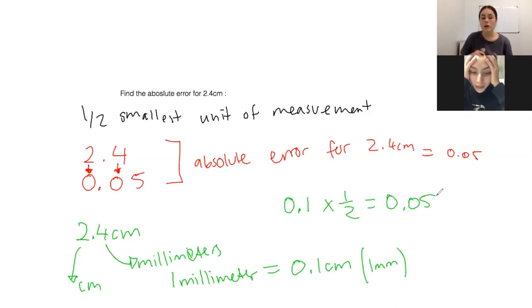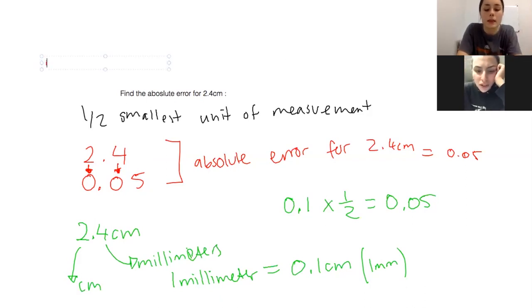Okay. So I kind of get it. You kind of get it? Yeah. Cool. So when you're doing ones like the centimeters one, you can just put zeros where the numbers are, and then add a 5 on the end. Or you just find the smallest unit of measurement and times it by half. Is that okay? Wait, so what's the one in red? So the one in red, let me type it up.